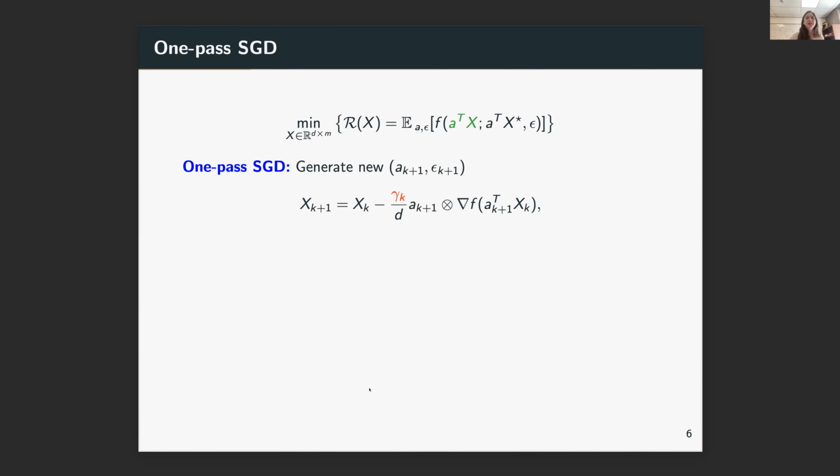All right, so what are we going to run? The classic algorithm that we're going to look at is one-pass SGD. The idea is that at each iteration of the algorithm, we generate a new data point, A. And we update our gradient not by taking grad R, but by taking the gradient of the inner thing evaluated at this one data point.